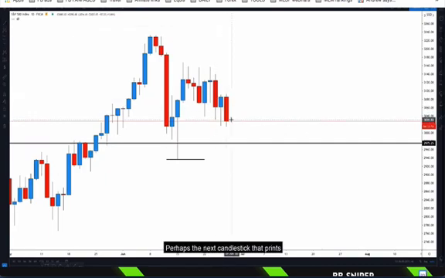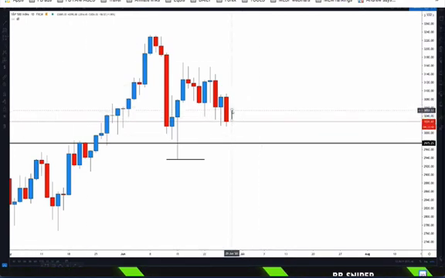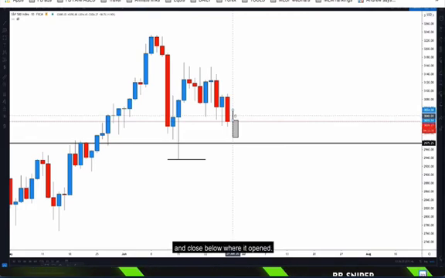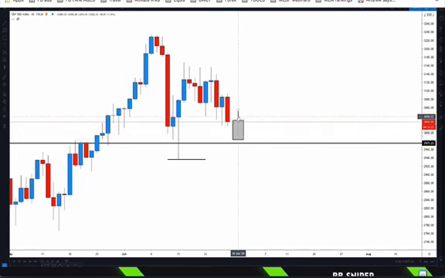Perhaps the next candlestick that prints makes a wick to the upside, and while that is happening, we see it looking bullish, enticing buyers, to then move lower and close below where it opened. Right? That is one of the scenarios that could happen.